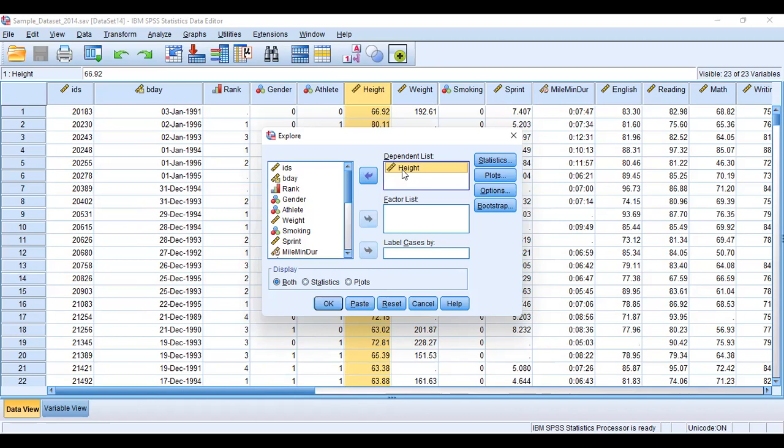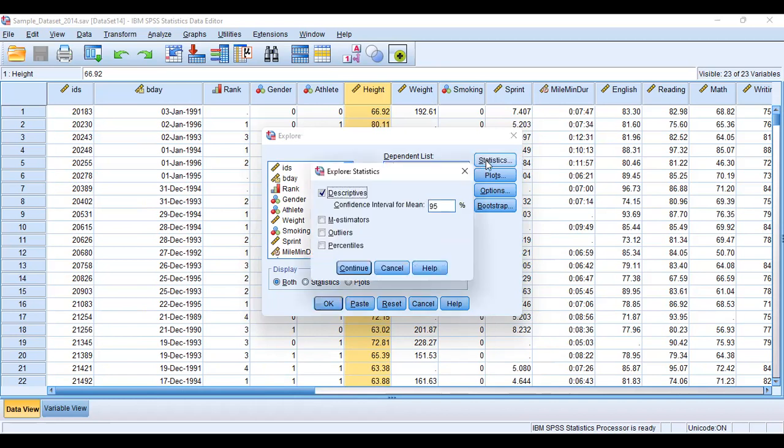What should we do next? Then we click on statistics on the right, and check the box for outliers. Click on statistics. Okay, I'm already at outliers. I click continue.